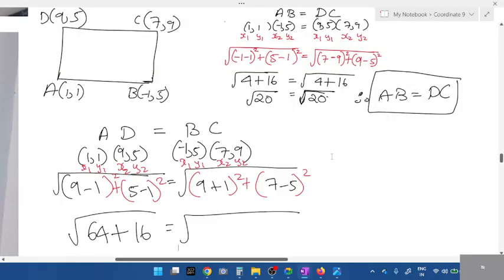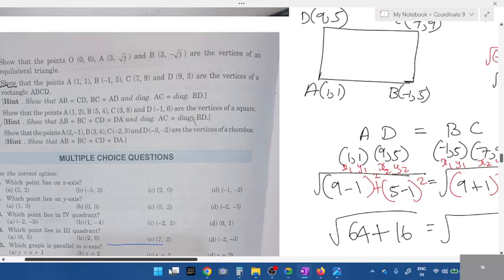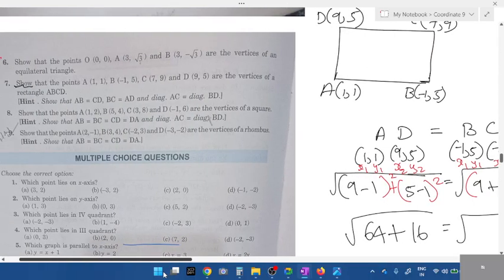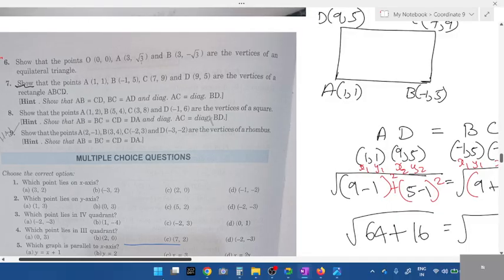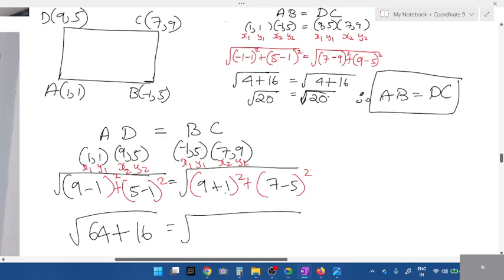How is it different? 1 comma 1 minus 1 comma 5, 7 and 9. AD is equals to BC.